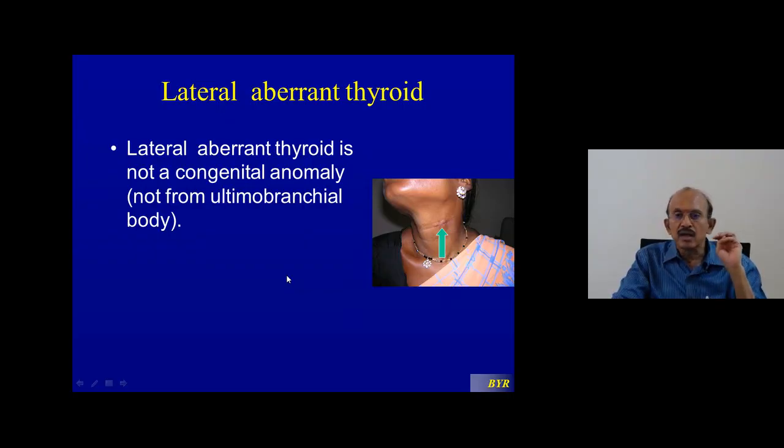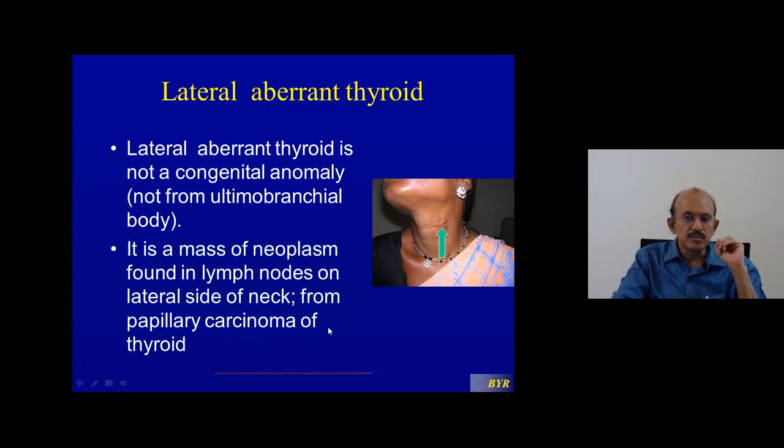Earlier people thought that such thyroids in the lateral part of the neck, which are not part of the thyroid gland but showing thyroid structure, were derived from ultimobranchial body remnants. But the ultimobranchial body supplies only parafollicular cells, not thyroid tissue. But earlier anatomists thought that it was due to ultimobranchial body remnant.